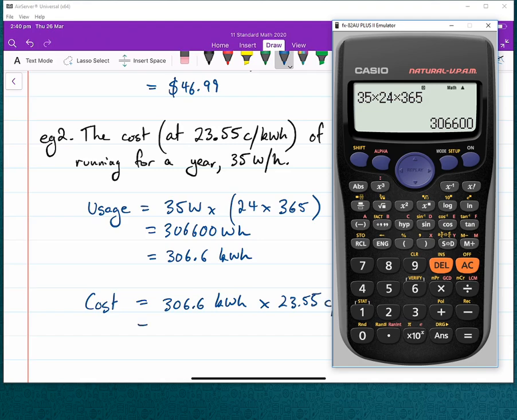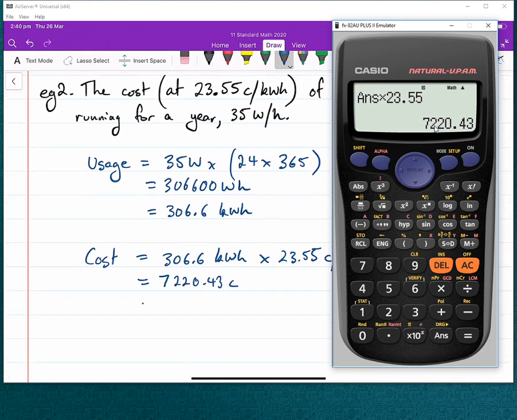No, I have to divide by 1,000 first to get it into kilowatt hours, and then I'll times that by 23.55 to get us 7,220.43. That's in cents, 7,220 cents, or $72.20 in a year. So leaving your fridge on costs you $72.20 in a year.